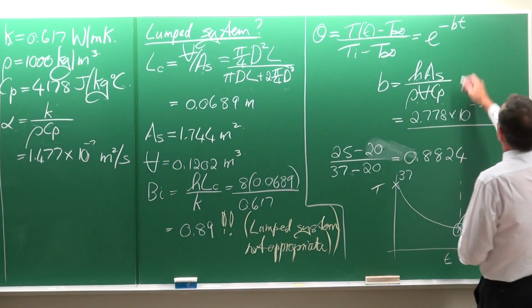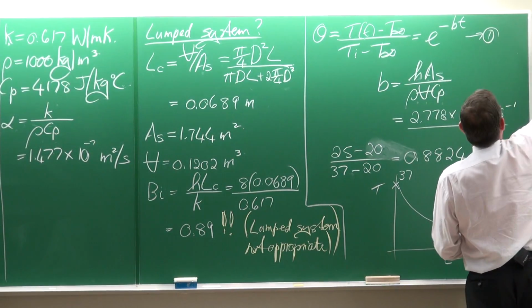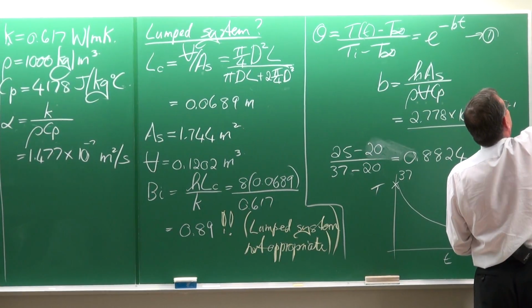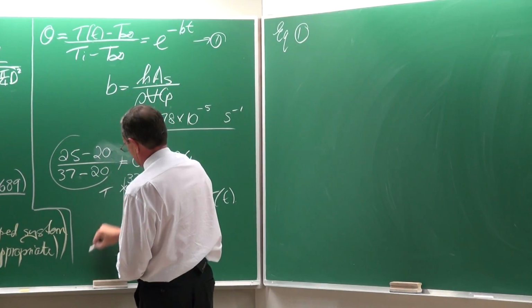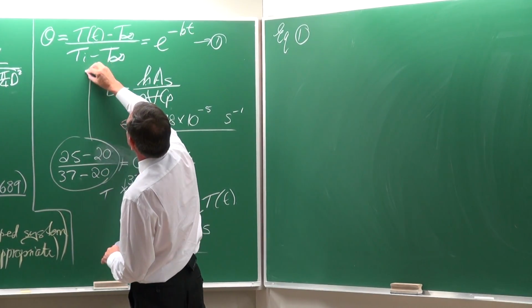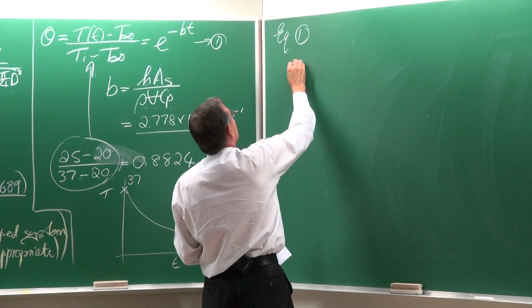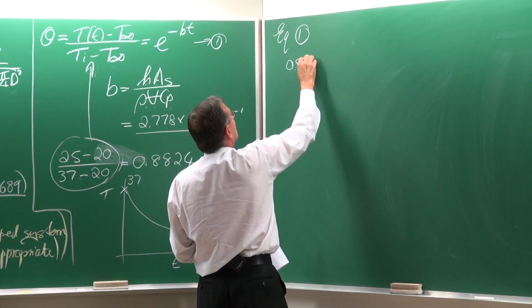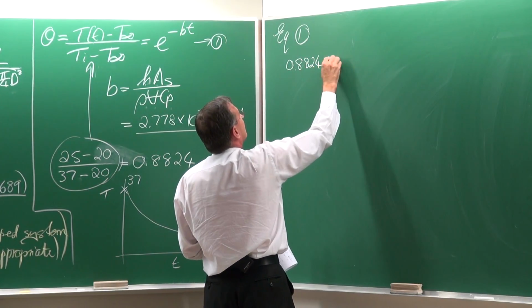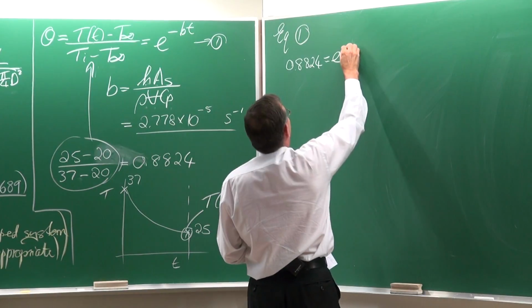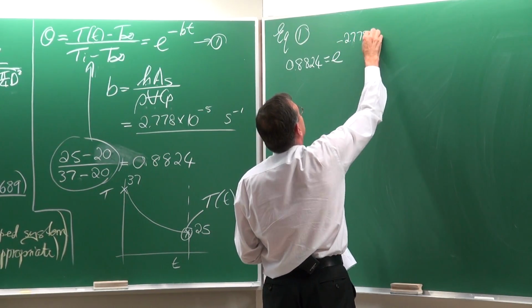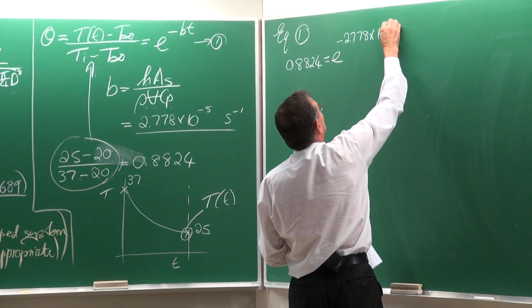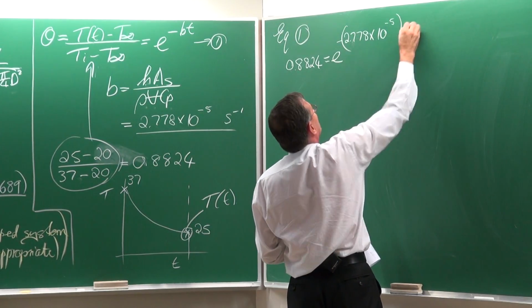If we look at equation 1, the non-dimensionalized temperature, 0.8824, is equal to e to the minus B t, where B is 2.778 multiplied by 10 to the minus 5.